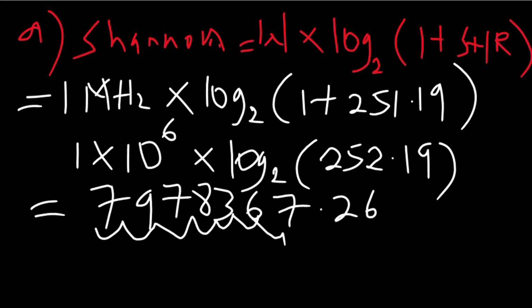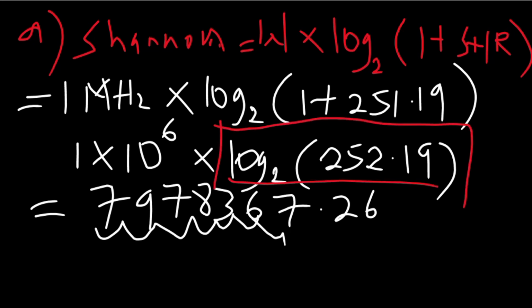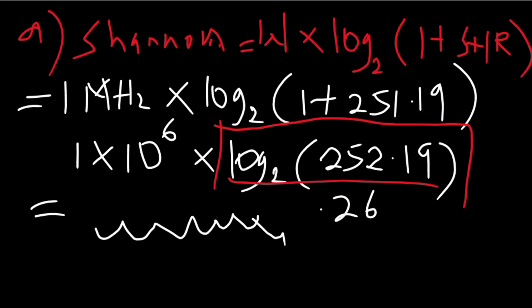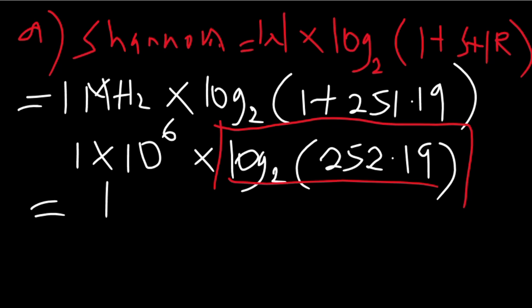So log to the base 2 of 252.19 gives us 7.978.